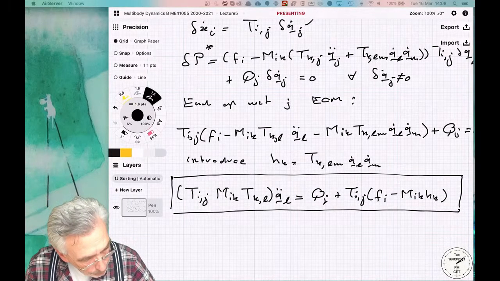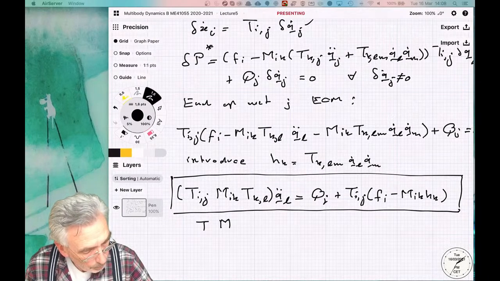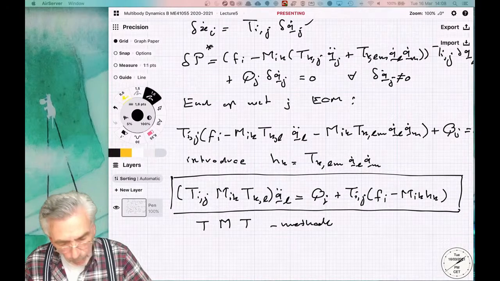Now you will understand why we call it the TMT method. Why?